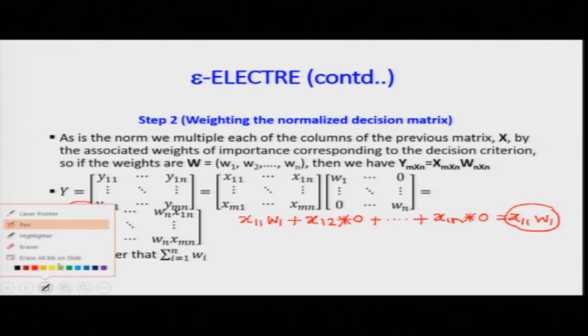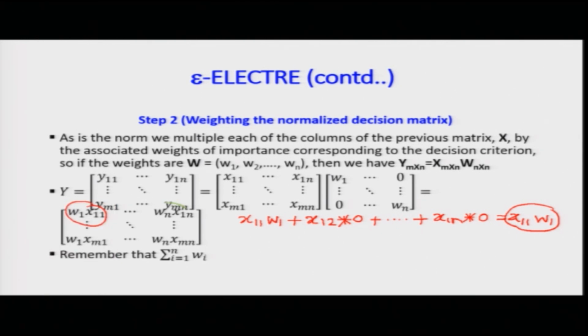Now, I go to the green color. If I multiply this by the last one, this would be x11 multiplied by 0 plus x12 multiplied by 0 plus dot dot plus x1n multiplied by Wn, which is equal to x1n Wn. So, this value matches with the circled one.